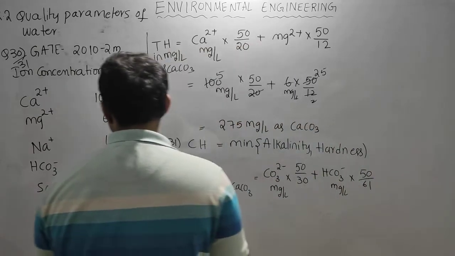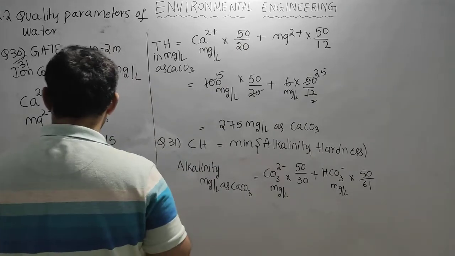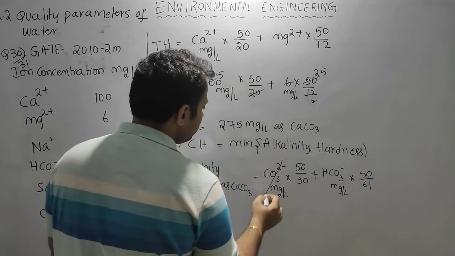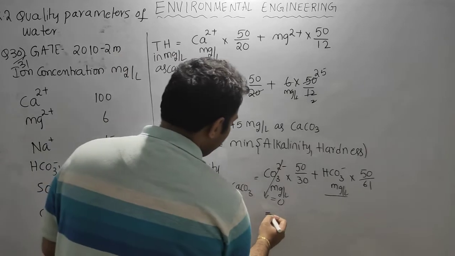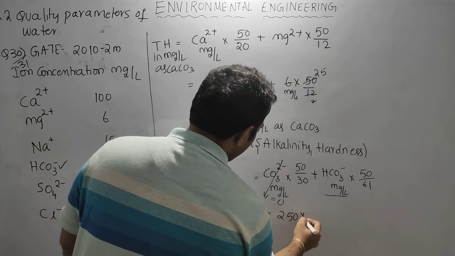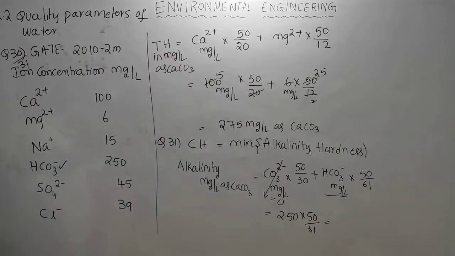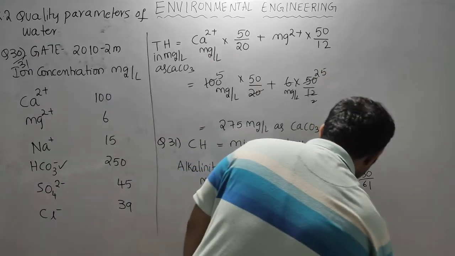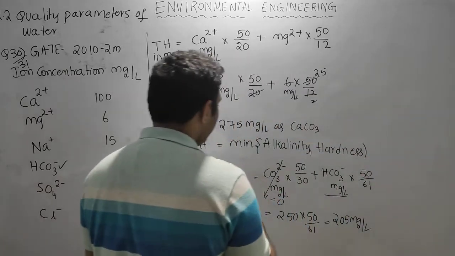Here CO3 2 minus is not there, only HCO3 minus is present, so that term is 0. So it is 250 into 50 by 61. If you do this, you will get a value of 205 mg per liter.